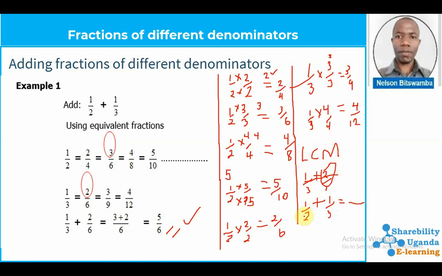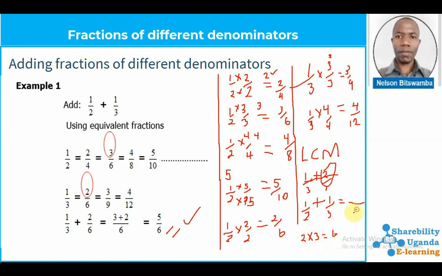We are going to get the LCM of 2 and 3. How do we get the LCM of 2 and 3? We say 2 times 3. What is 2 times 3? The answer is 6. So that means this is going to be our LCM.